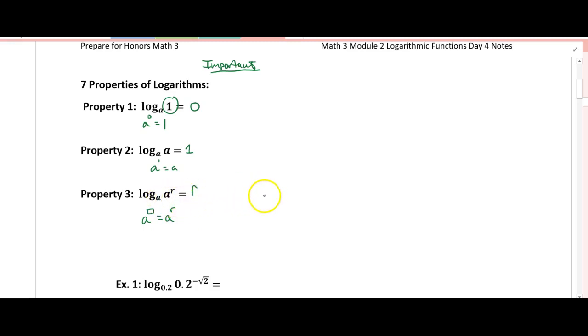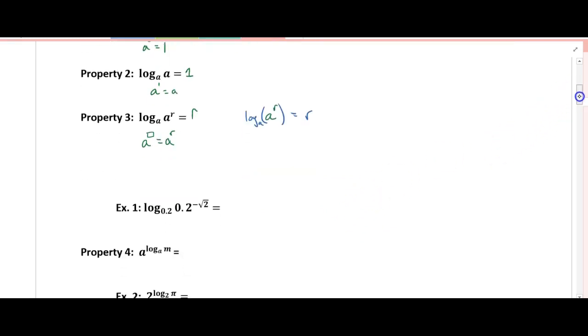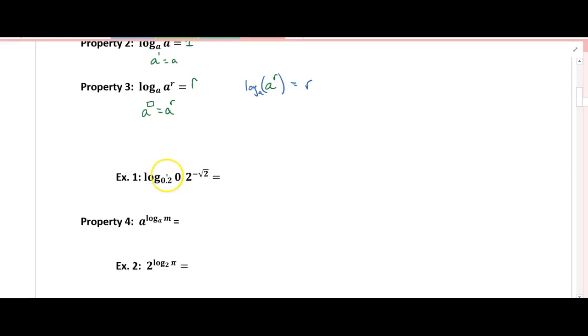So what this is basically saying is anytime I have a to the r, and I want to get rid of this base a, what I could do is take the log base a of this, and that would just give me r. And that's what you're going to see we use here in a few sections. So when I do log base 0.2 of 0.2 to the negative root 2, this kind of wipes that out and just leaves me with negative root 2.